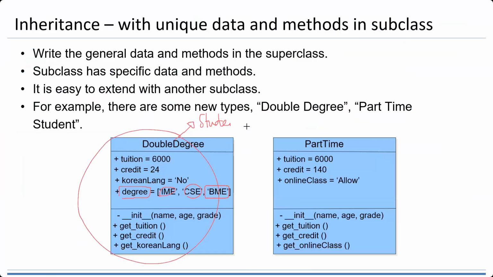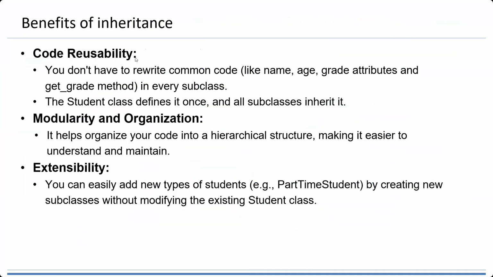Or maybe there is also another class, which is part-time student. Part-time student means the student is allowed to join the online class. Then we have another data about the online class. So using this inheritance is good if you have multiple subclasses. That is the code reusability.